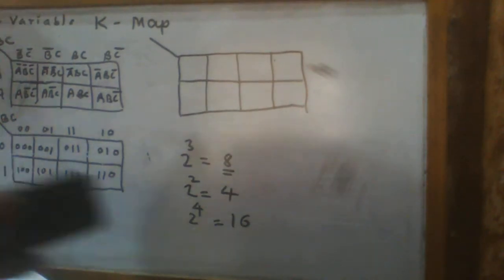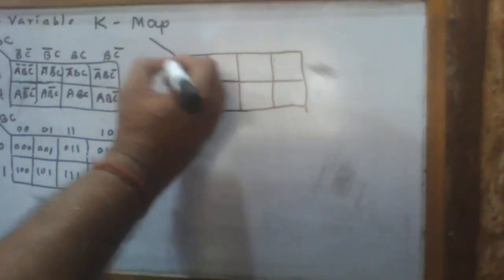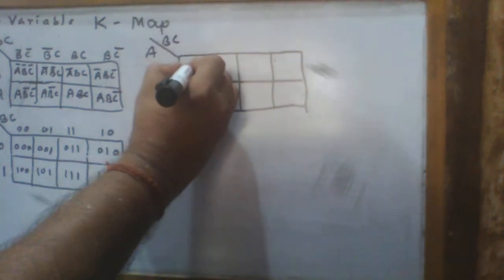Now here in the 3 variable K-map, we can write 0, 0, 0 stands for, here I will write A and BC. Here I will write M0.